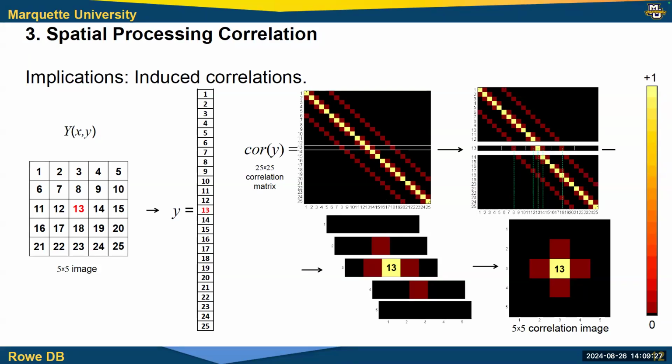Particular row, so I have the 13th, the center one here. But because our processing is going to be the same for all voxels, it's not going to matter which one, then I can take this row of my correlation matrix and chop it up into the bits, right? And I can form it into a correlation image, and I can look at the correlation between my voxel of interest here, which is number 13, and all the other voxels. Okay. And all these slides are on my webpage for you. And so we can look at what the induced correlation is simply from doing a little local smoothing.